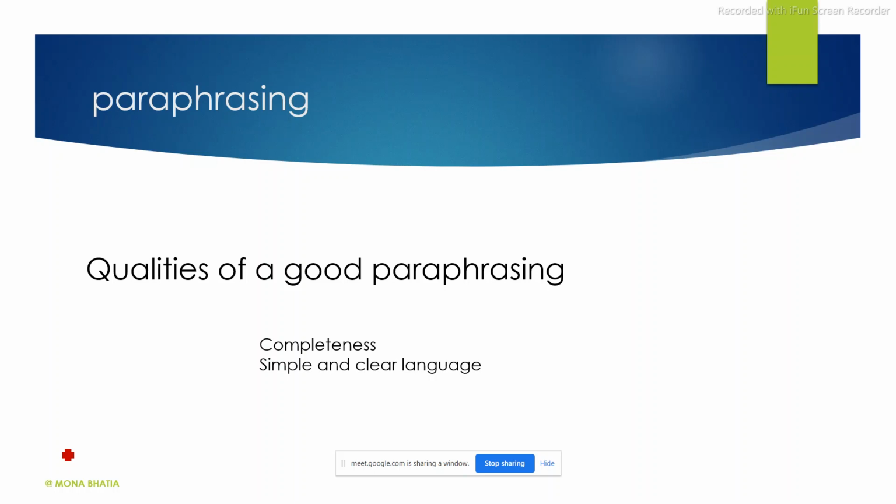So a paraphraser must also understand that his job is not just to replace the words in the original passage. It's not just replacing words with new ones. Though I am going to give you that exercise after some time where you will be replacing words, that is just one aspect of it.